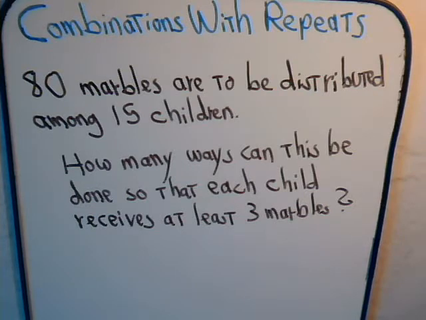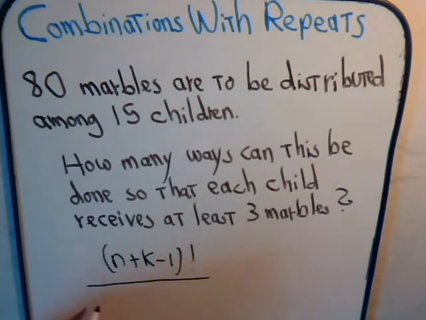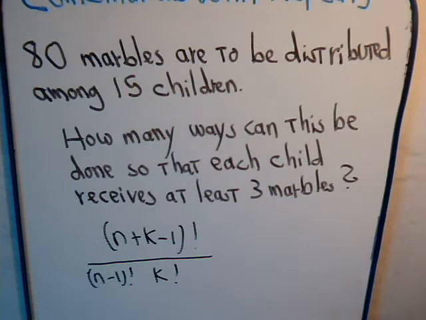So here obviously this is another combination problem with repeats, but it's more complicated than the past ones that we considered, and the way it's set up, we cannot solve it just simply by using the formula for repeats that we had derived in previous videos, because nothing in this formula accommodates for the fact that when we're distributing the 80 marbles, each child has to have at least 3 of them.